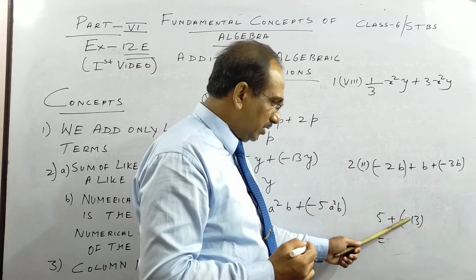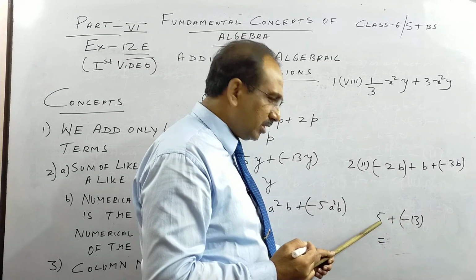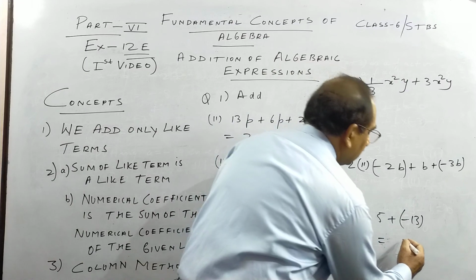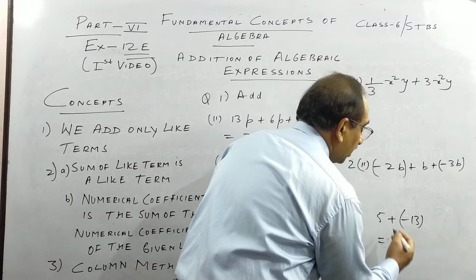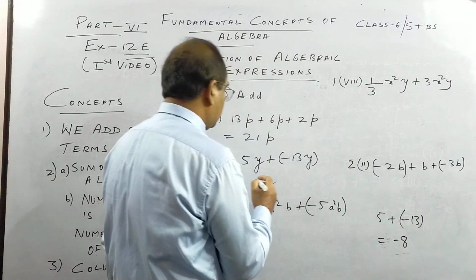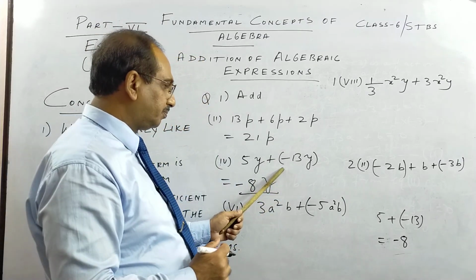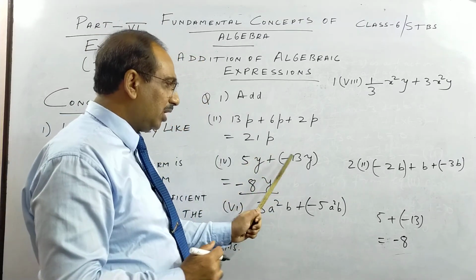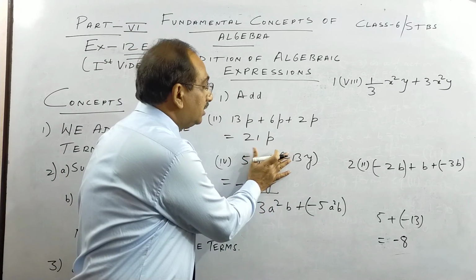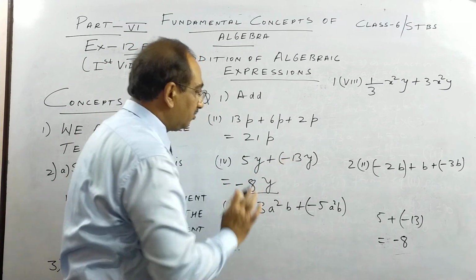Don't see plus or minus here. Subtract the smaller, that is 5, from the larger, 13 minus 5, you will get 8, and put the sign of the larger. So subtract the smaller from the larger, don't see the sign here, and put the sign of the larger.